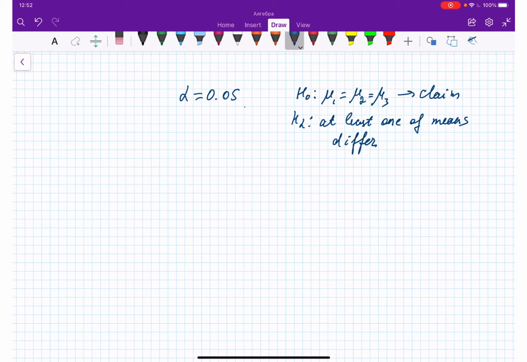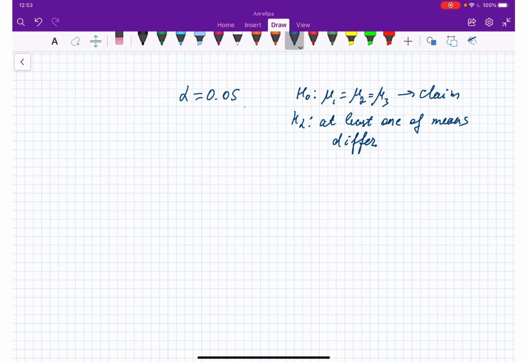We first need to determine mu1, mu2, mu3, and test that, and then determine what must be true when the original claim is false. So what conclusion can we draw when the original one is false?